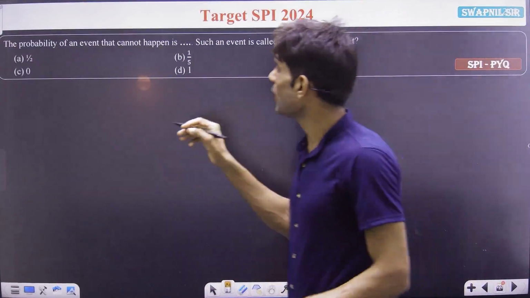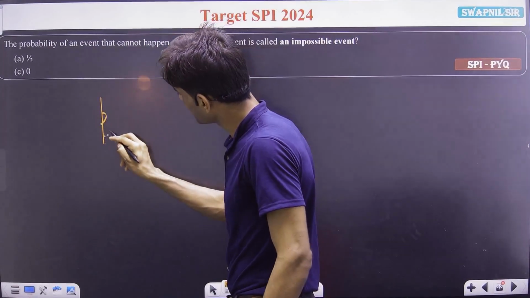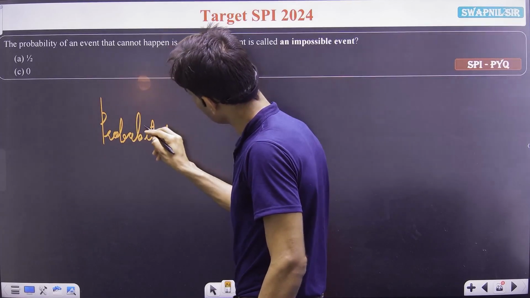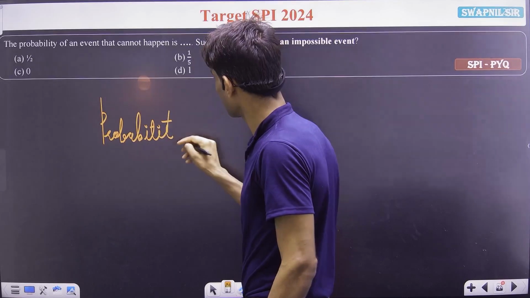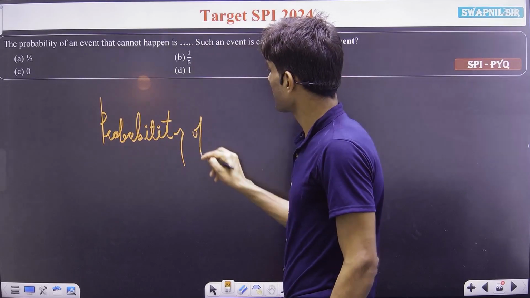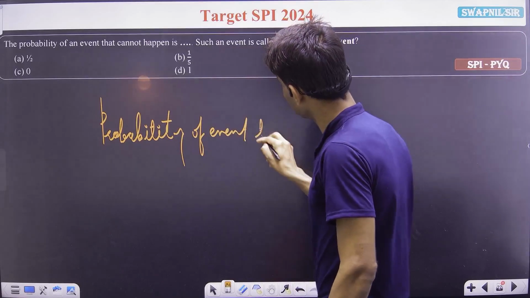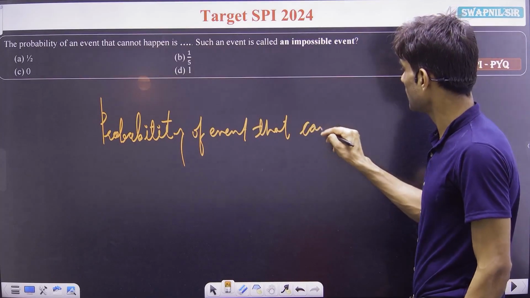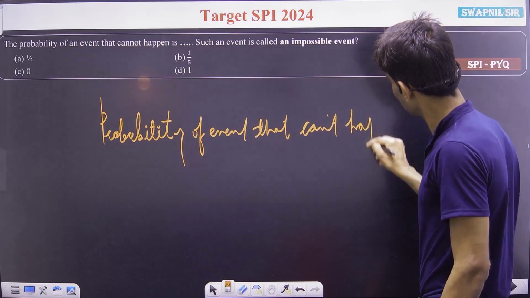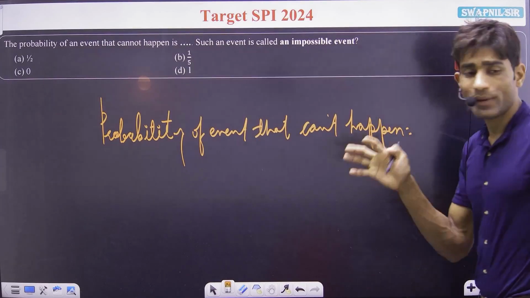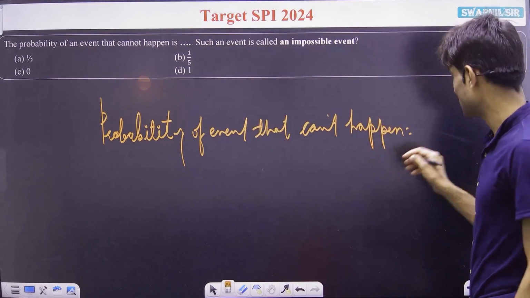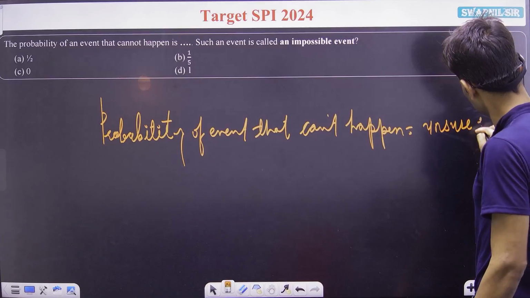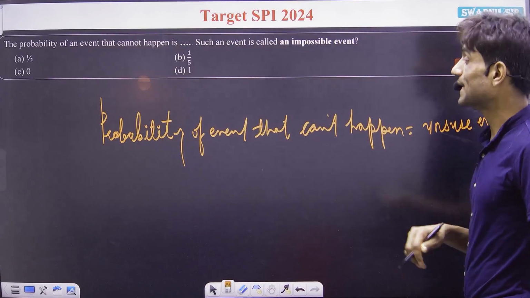Let me write: probability of an event that can't happen, we write it as the unsure event.